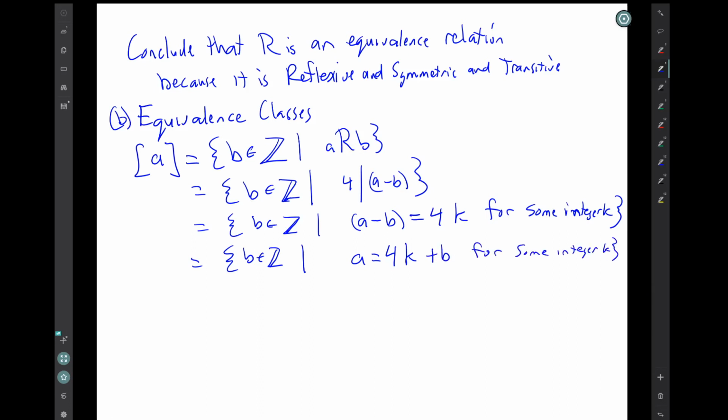So an equivalence class for a number a is the set of all b's such that a is 4k plus b for some integer k.